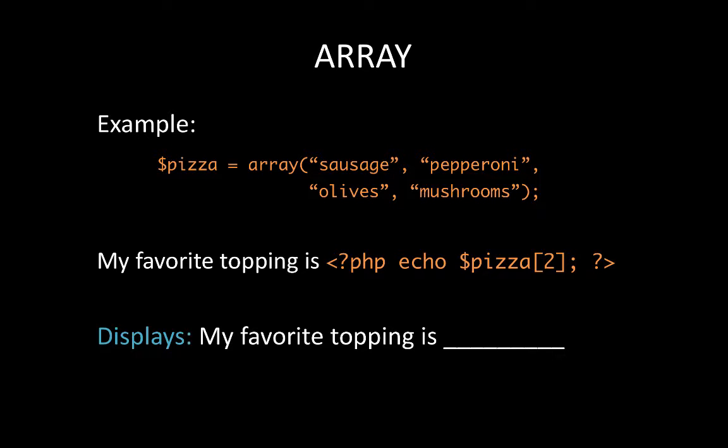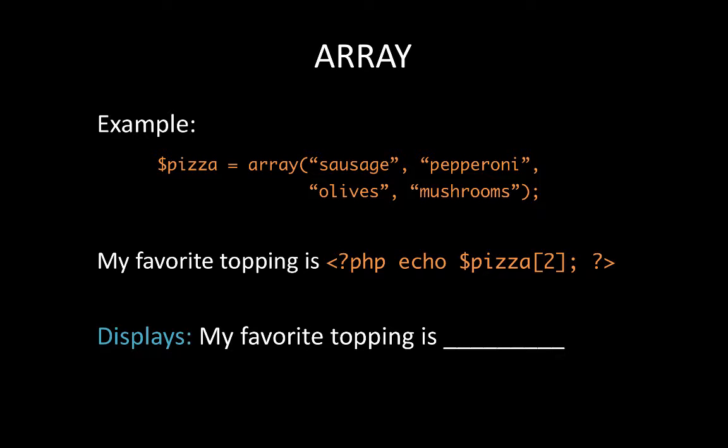If you're like me, a grammar freak, it irritates me to no end that the commas go on the outside of the quotation marks. But that's the way it needs to be, because otherwise, if it were inside the quotation marks, then that comma becomes part of that value. So in this case, with our pizza array, we have 4 values. We have sausage, pepperoni, olives, and mushrooms.